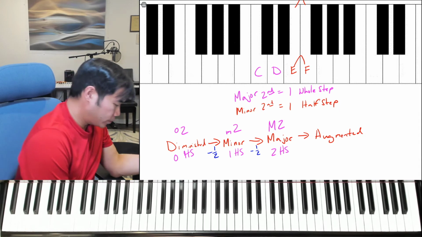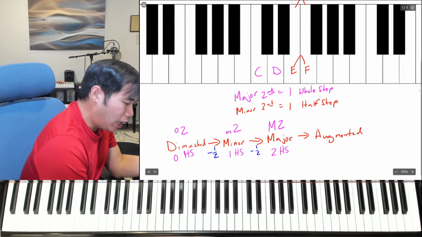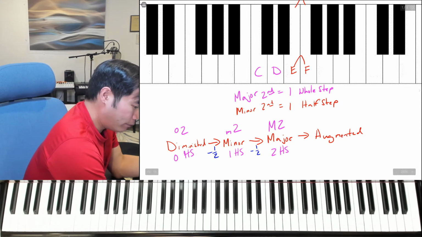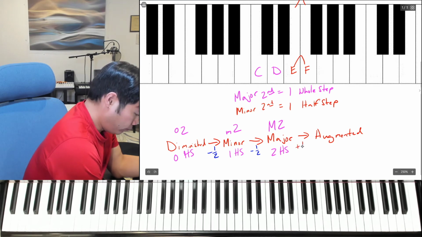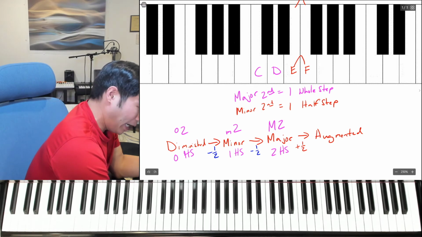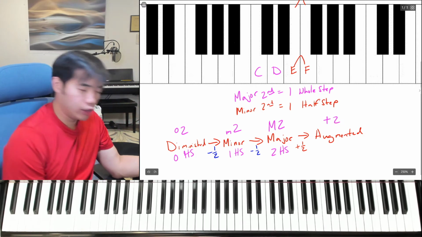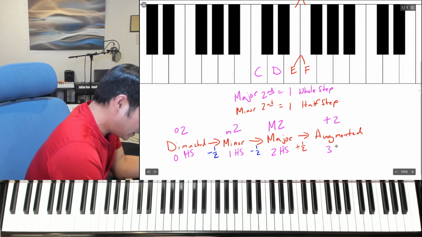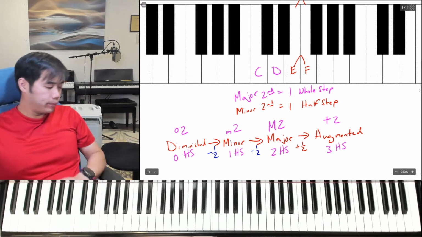If we go to an augmented second, we have to add a half step to this major second. And if we add a half step, that means the augmented second, indicated by a +2, actually has 3 half steps.